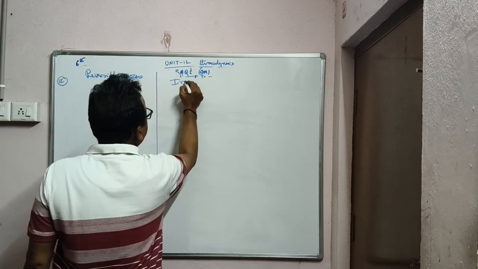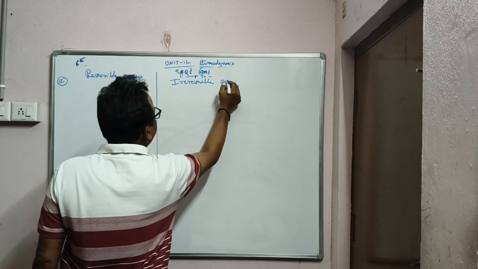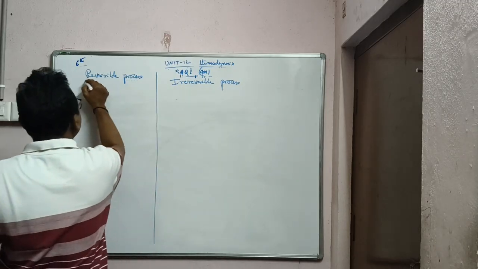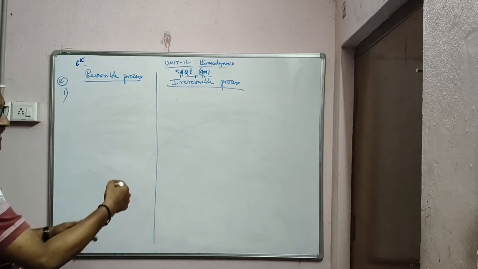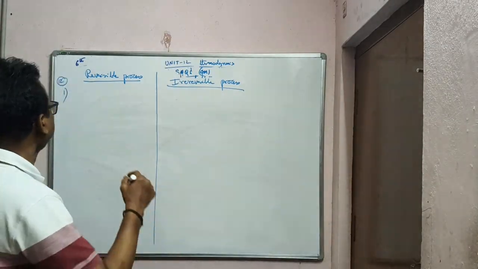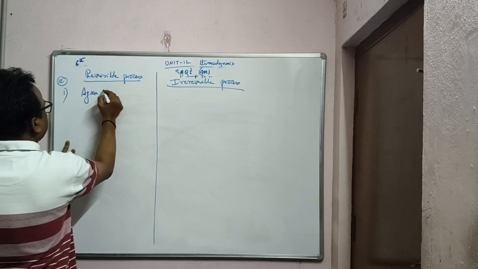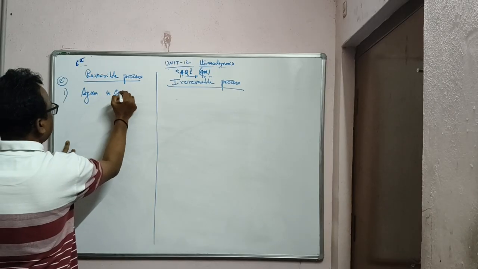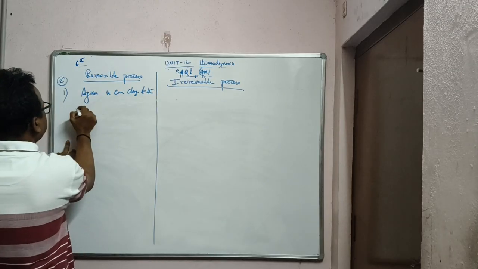Reversible process. What is meant by reversible? That means you can again change it to the initial point, the original state.